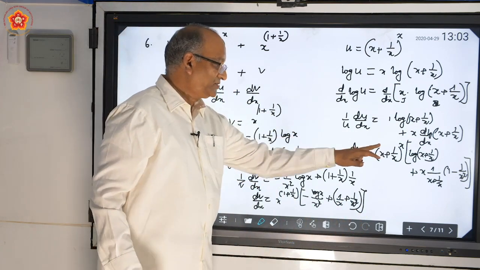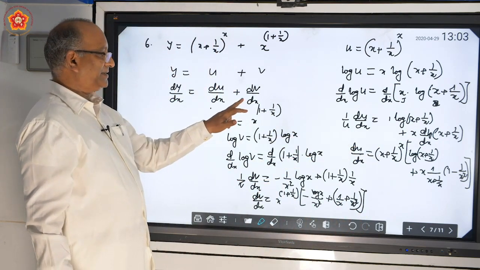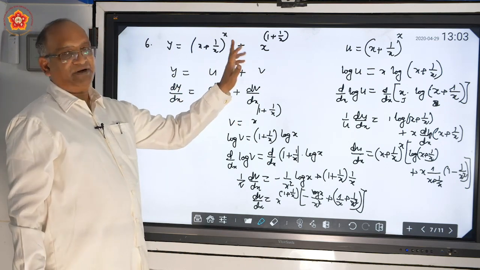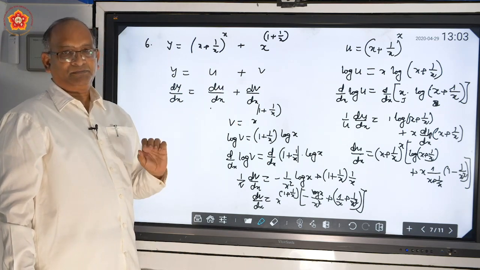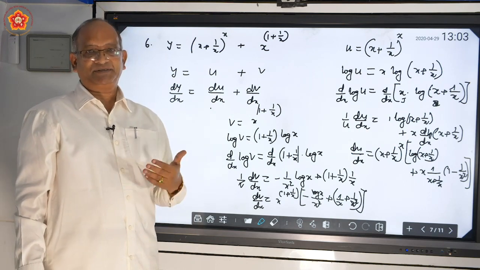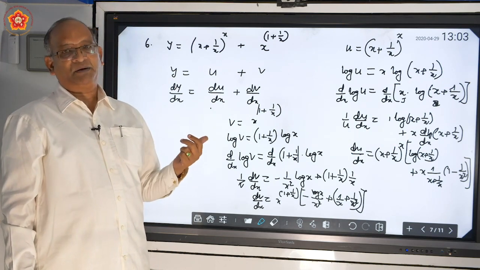By adding these two terms, that is du by dx and dv by dx, we get the derivative of this. In the next class, we will continue the same thing with some more problems.